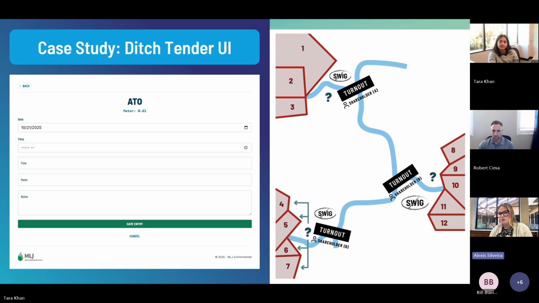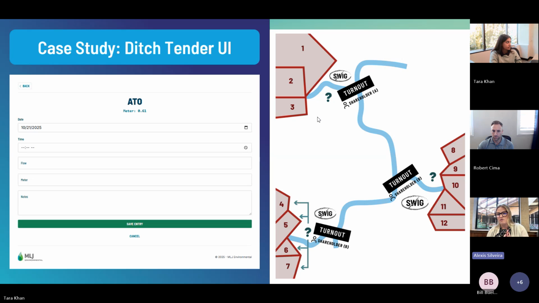Another analogy I've used, and you can see it in the diagram that Tara has up on the screen, is that let's say farmer A has two parcels, and parcel one is almonds and parcel two is a recharge pond.